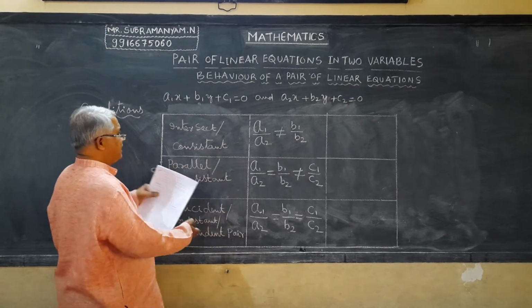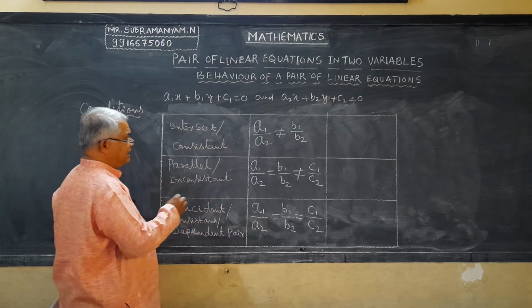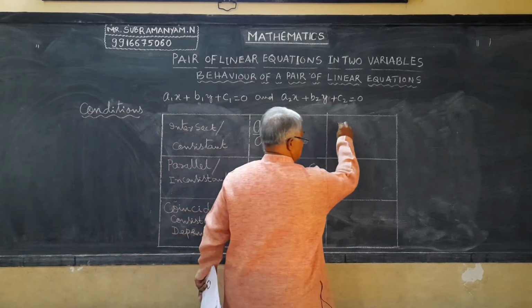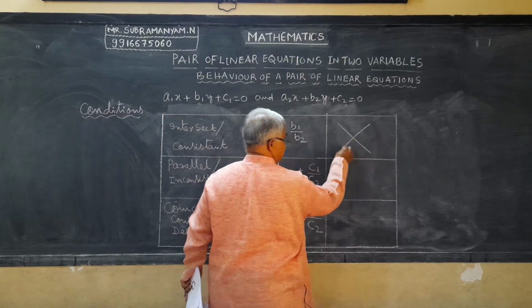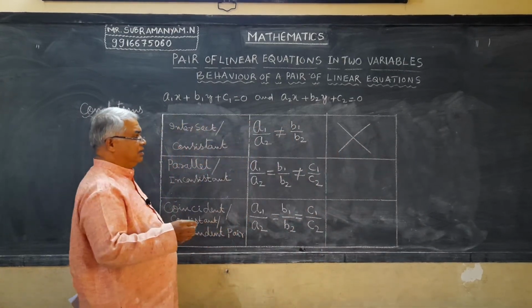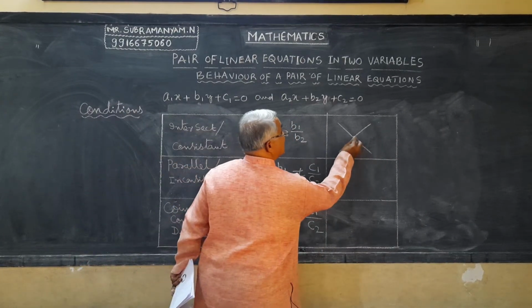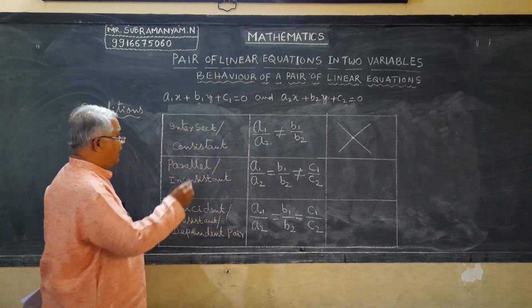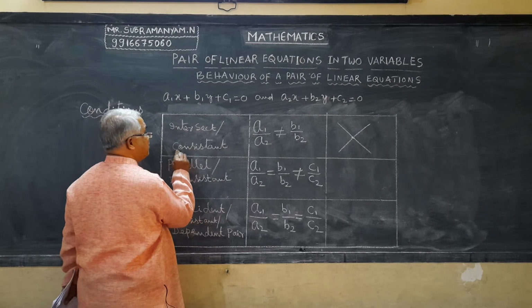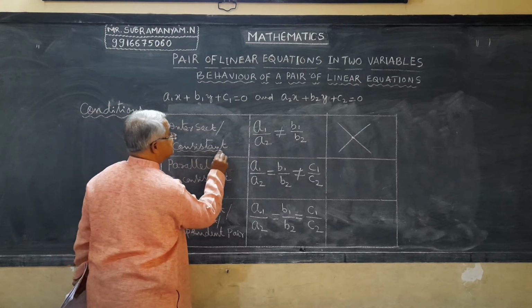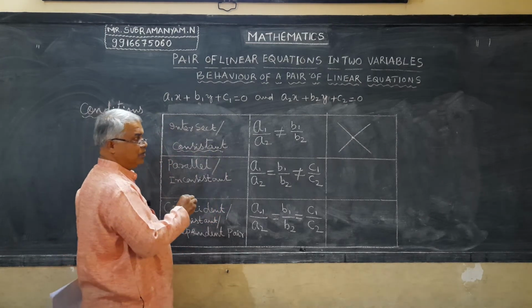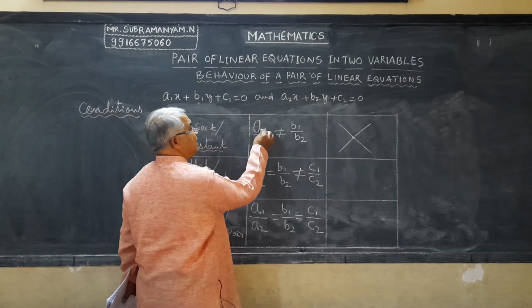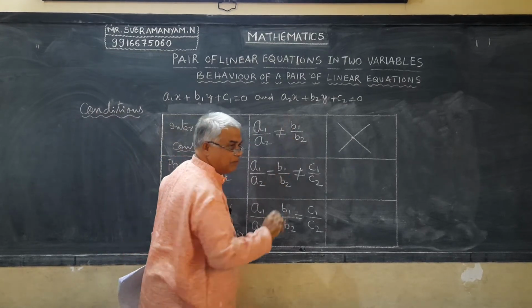So, first we take intersect. Intersect means lines will be like this. That means we have one solution, one x value, one y value. And for intersect, there is another word, consistent. So what is the condition? a1 by a2 not equal to b1 by b2.